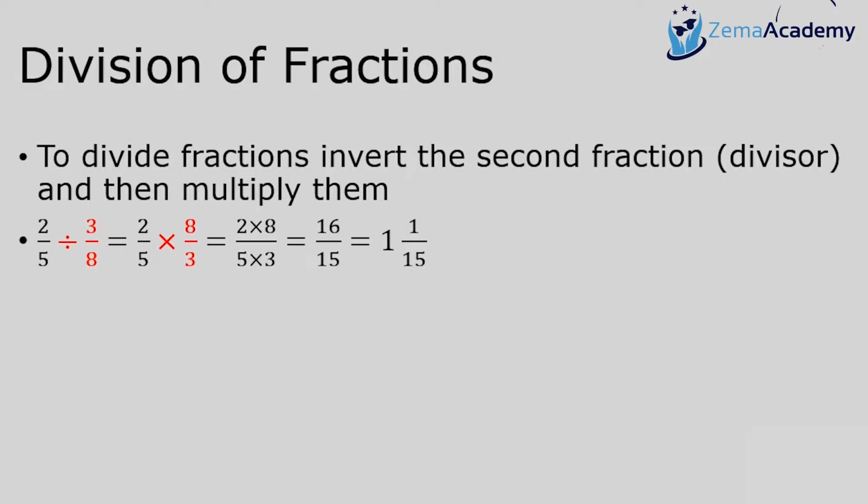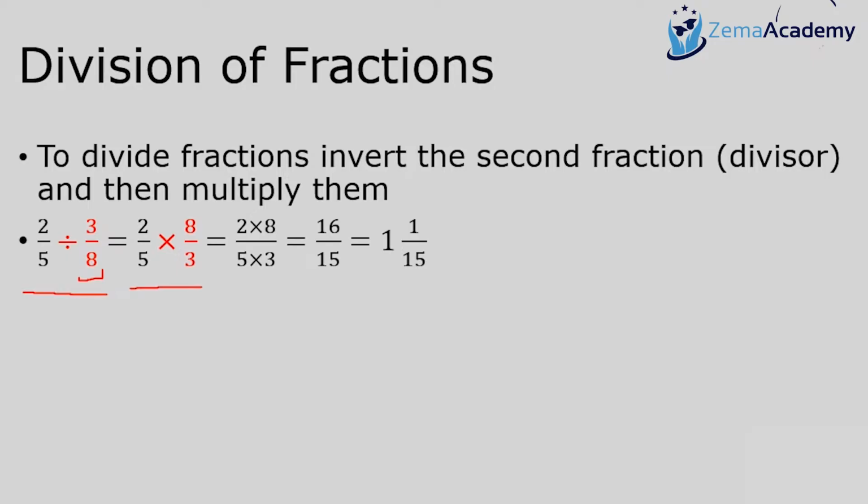For example, I have a sum 2/5 divided by 3/8. Now, in order to calculate that, I'm going to flip the 3/8 to 8/3 and change the sign from a divide to a multiply. So my new calculation is 2/5 multiplied by 8/3.